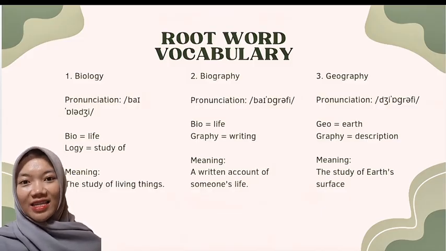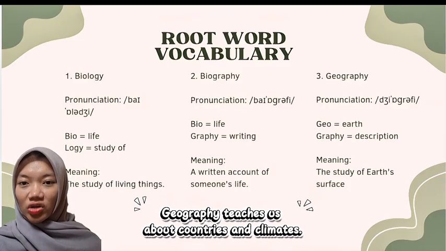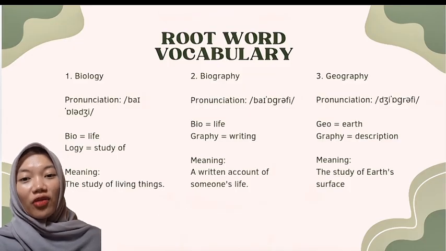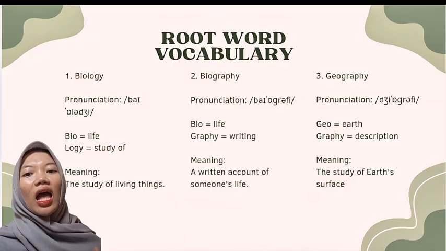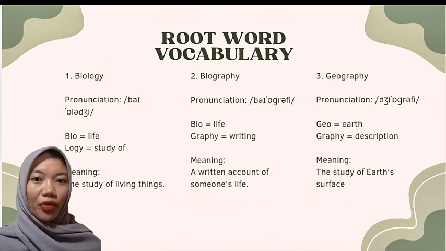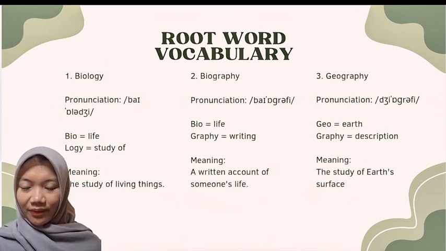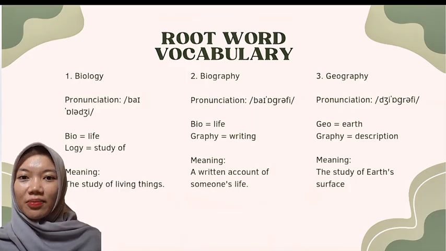The example sentence is, geography teaches us about countries and climates. From these examples, we can see that understanding root words helps us understand many vocabulary items without memorizing every word separately. So, let's move to the next material.